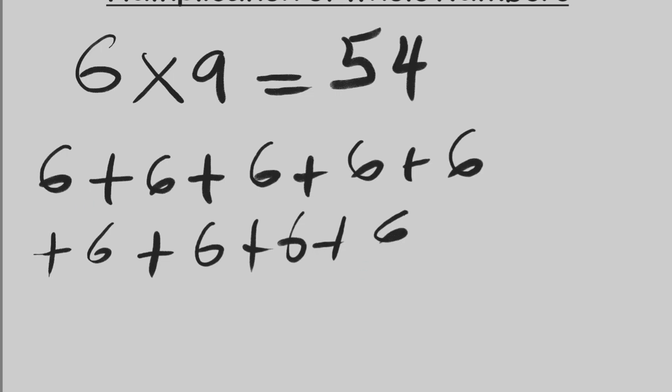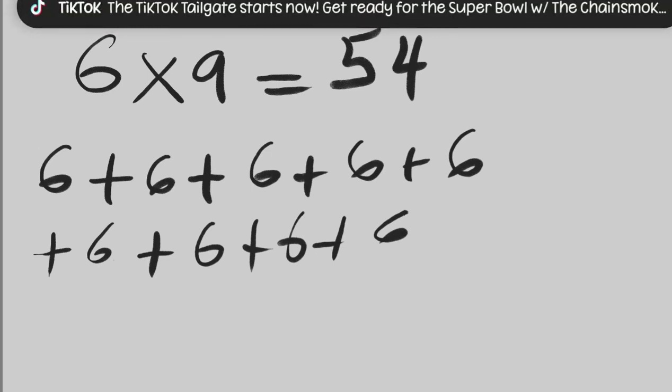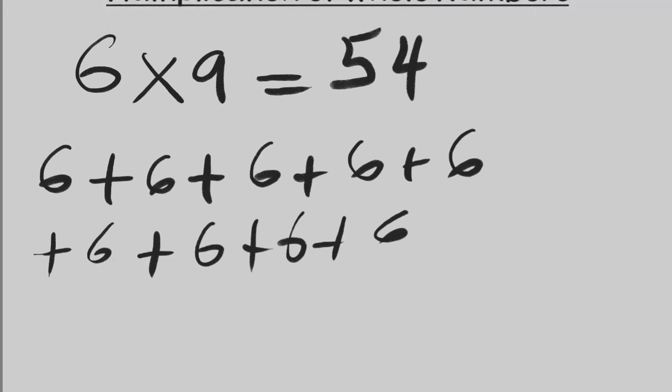So 6 plus 6 is 12. 12 plus 6 is 18. 18 plus 6 is 24. 24 plus 6 is 30. 30 plus 6 is 36. 36 plus 6 is 42. 42 plus 6 is 48. 48 plus 6 is 54. So that's how we get this answer right here.